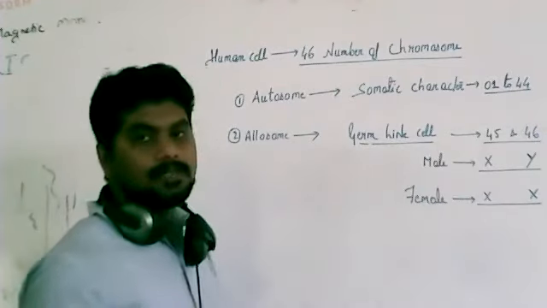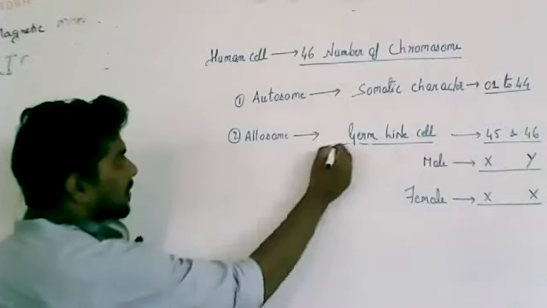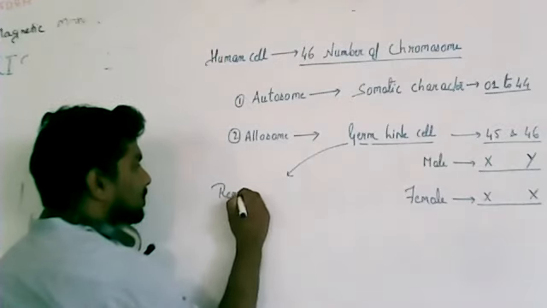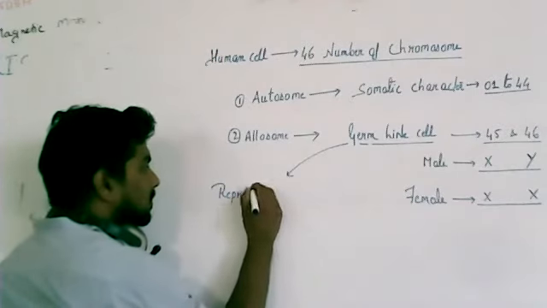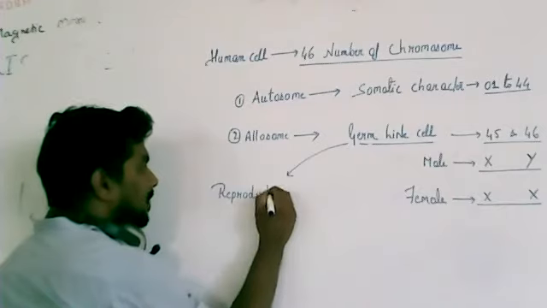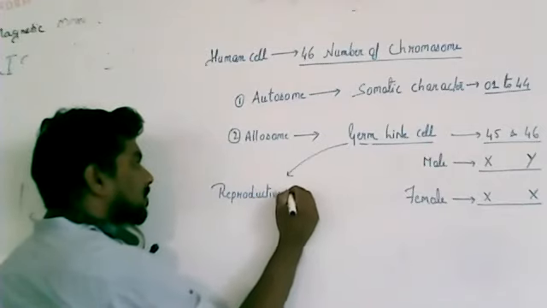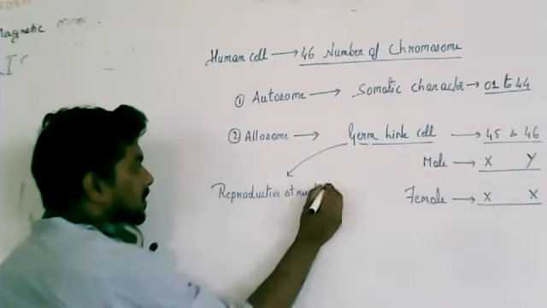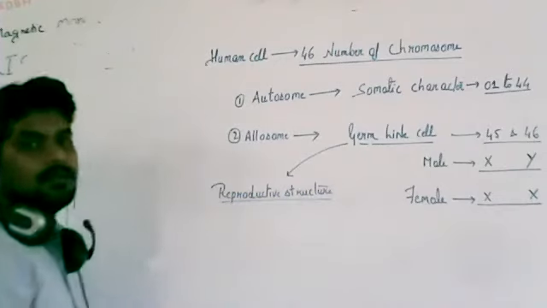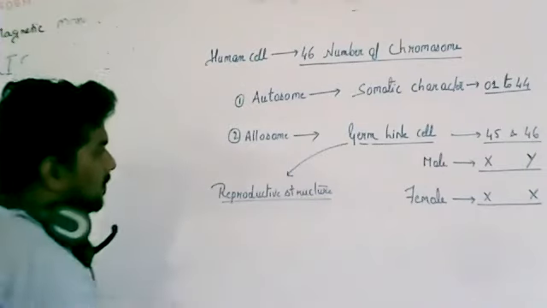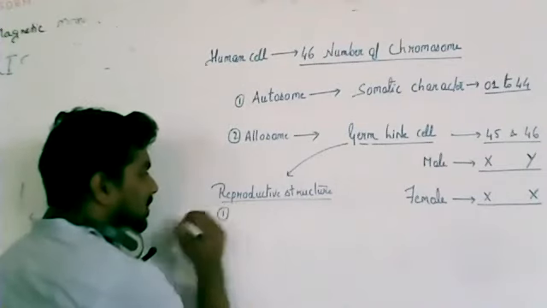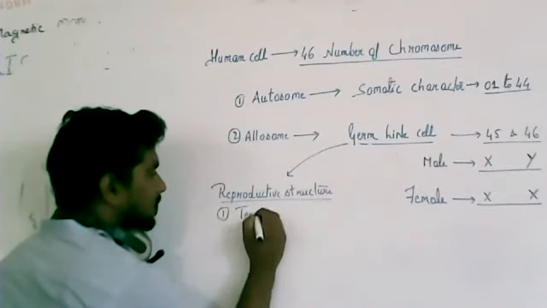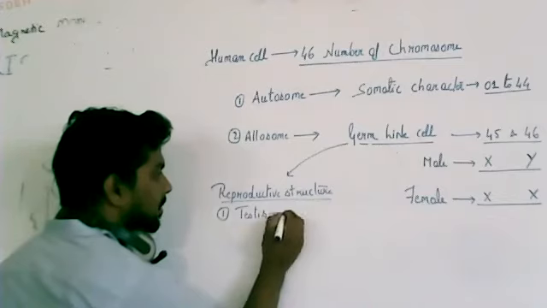Why germline? Germline means it is related to reproductive structures, which are formed in male as well as in female. If it is a male, the reproductive structure would be the testis, which will produce sperm.